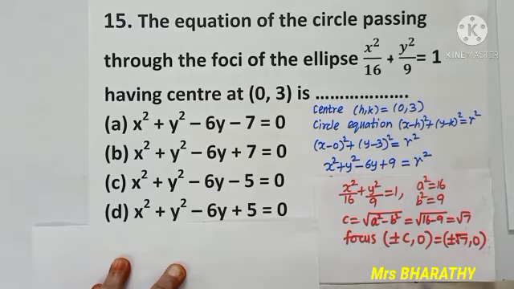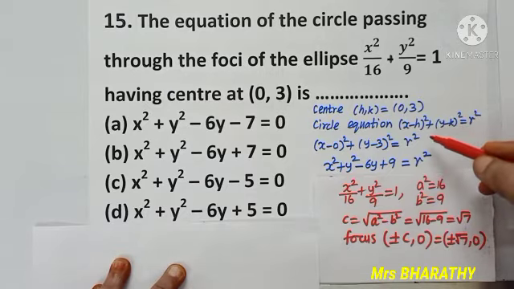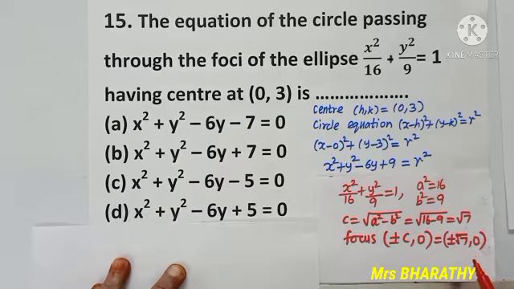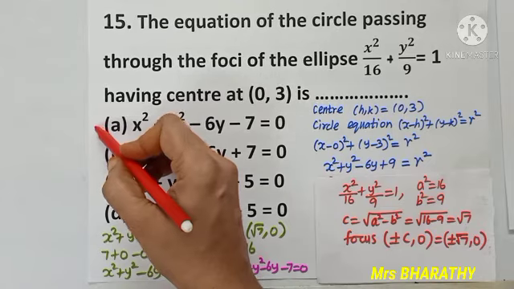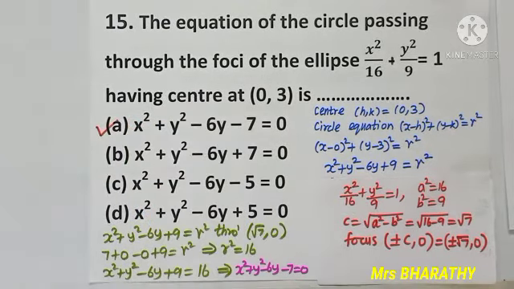As I substitute, I have identified the equation of the circle. I have identified the focus. Substitute the focus in this equation and find out what is r. Wherever x comes, root 7. Wherever y comes, put 0. We get r square as 16. Putting r square as 16 and rearranging, we arrive at x square plus y square minus 6y minus 7 equal to 0. So option A is the right choice.